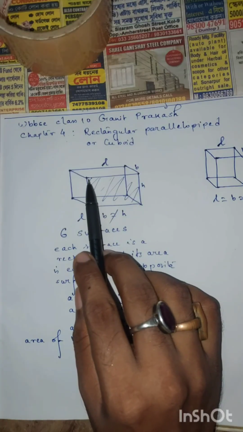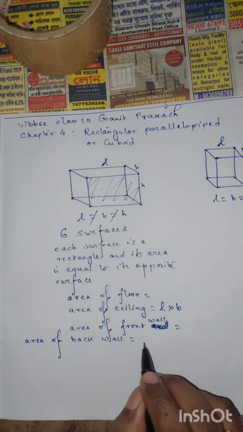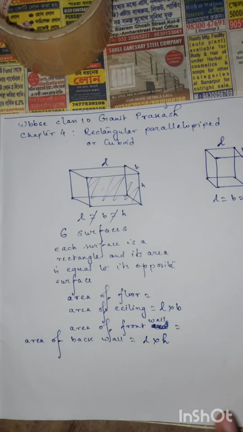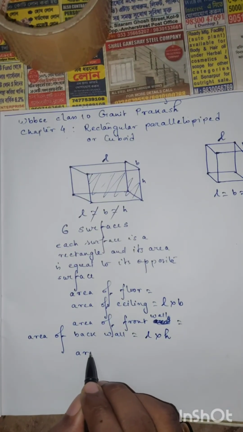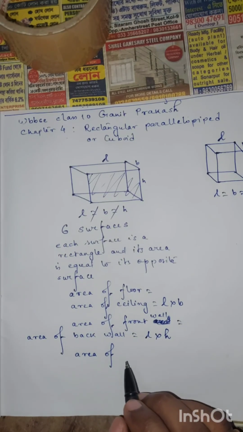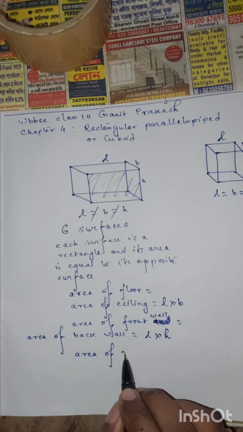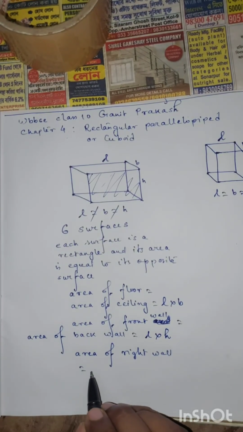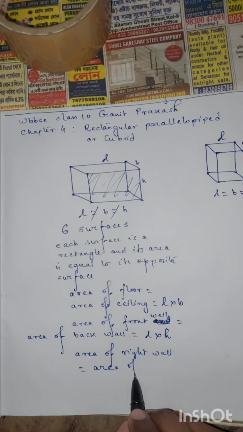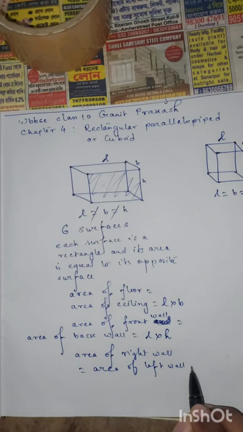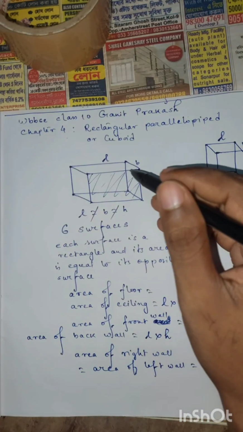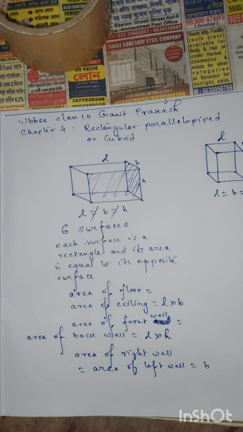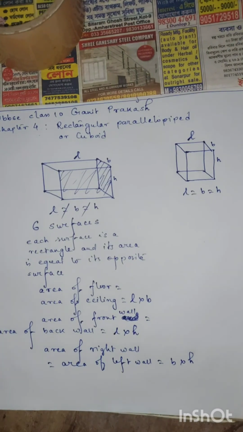This area is length into height. Area of right wall equal to area of left wall equal to this wall. This is breadth into height. Okay.